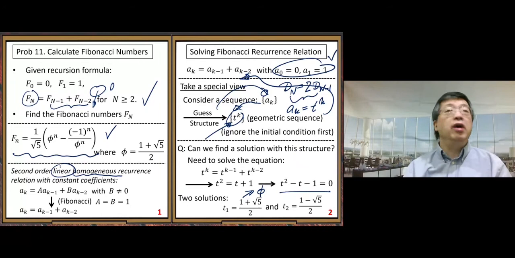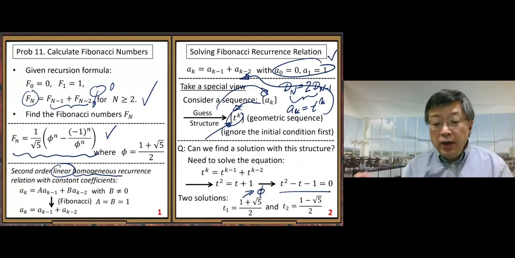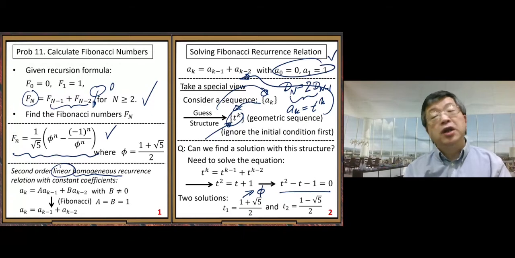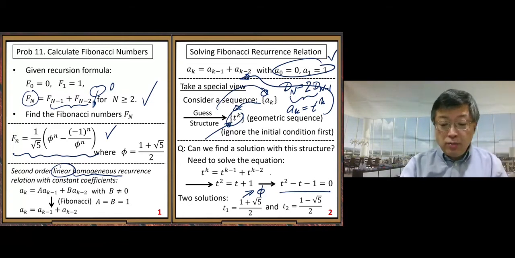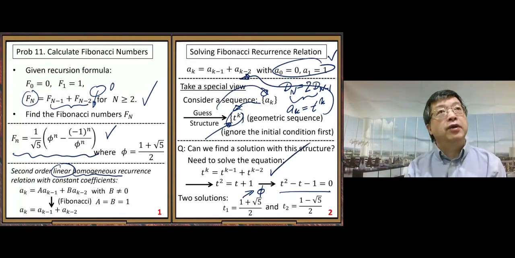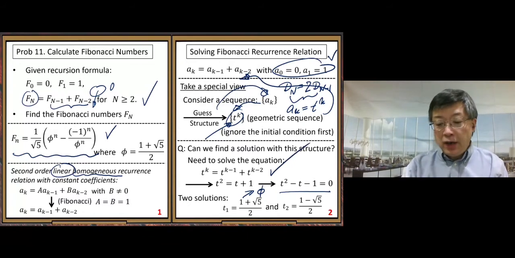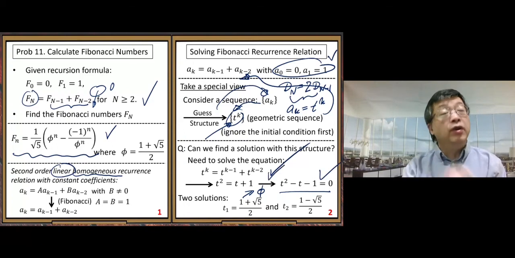But here, we don't worry about geometric meaning, right? Here, we look at the sequence t to the k. Nobody says t cannot be negative. The only condition is that it must satisfy this characteristic equation and that recurrence equation. t could be negative in an algebraic sense.